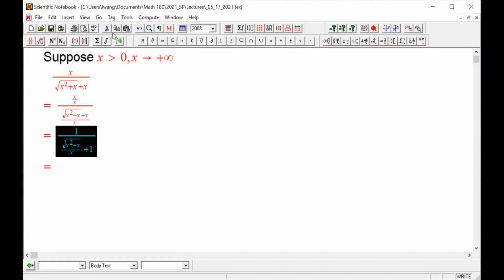So the emphasis is focused on this piece. And what we want is to bring this x inside the square root. If we bring the x inside the square root, what are we getting?